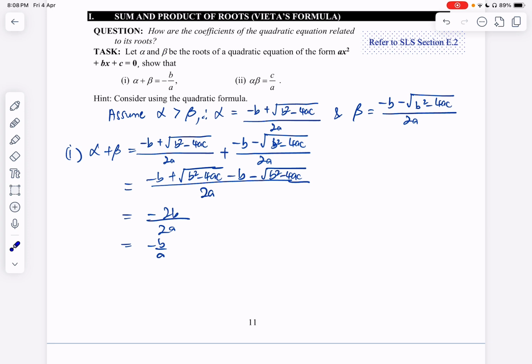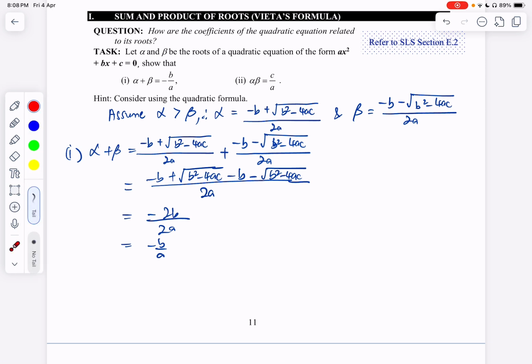Now I'm going to demonstrate how to show that alpha plus beta equals minus b over a. I applied the quadratic formula and put the values in for alpha and beta. Whatever the equation is, alpha is minus b plus the square root of b squared minus 4ac, over 2a, and beta is minus b minus the square root of b squared minus 4ac, over 2a.